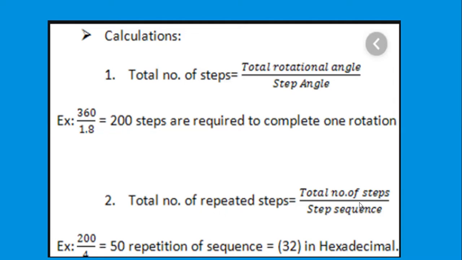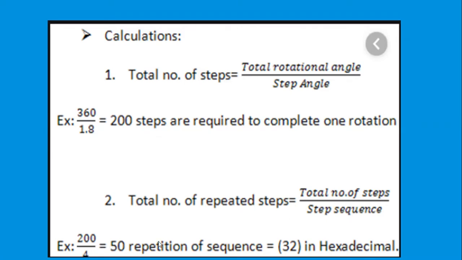Here the total number of steps is 200. The step sequence is 4, meaning we are energizing coil A, then B, then C and then D. So in a step sequence there are 4 consecutive steps, so the step sequence becomes 4. So 200 by 4 becomes 50.